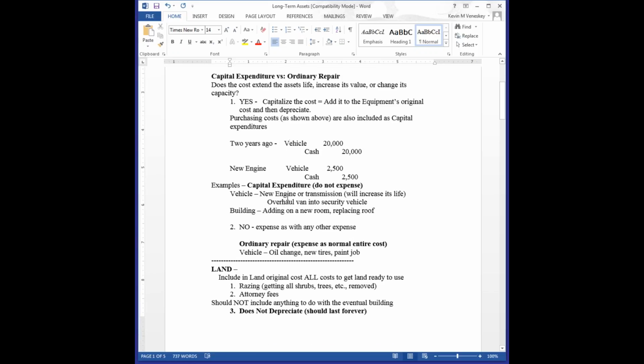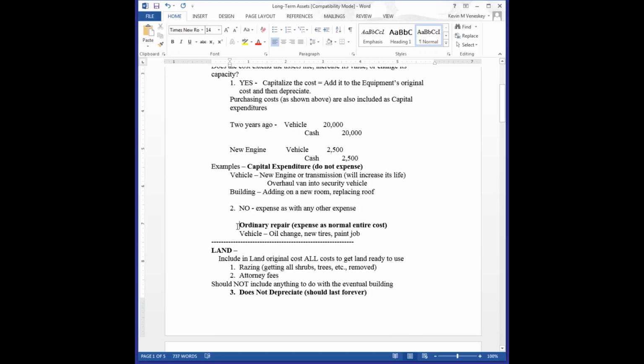So I'll give you a couple of items of what would be a capital expenditure. The other option, if it's not a capital expenditure, is a normal everyday wear and tear expense. Wear and tear repairs make it last longer. You've got to fix those, otherwise the vehicle isn't going to last as long. But they're not major repairs or major overhauls.